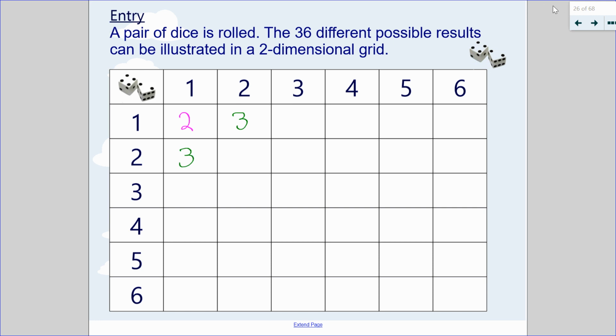So notice there are 2 different ways to roll a 3, but only one way to roll a 2. So you have a higher likelihood of rolling a 3 than rolling a 2. So interesting. And so what I'd like you to do is pause the video for a second and copy the grid down and fill it out.